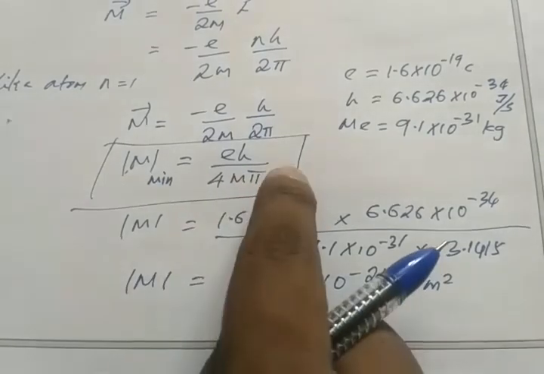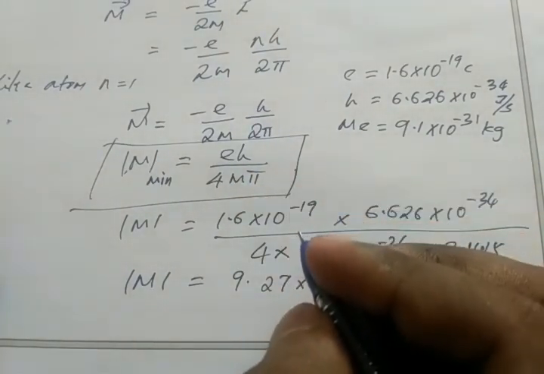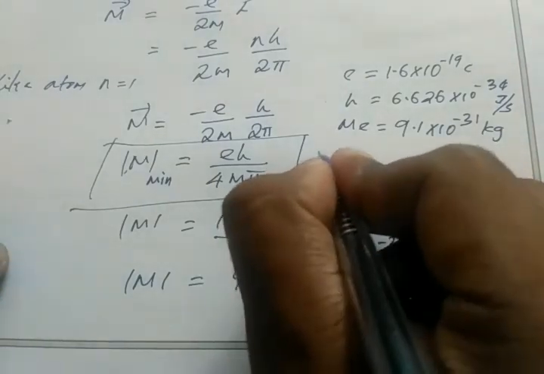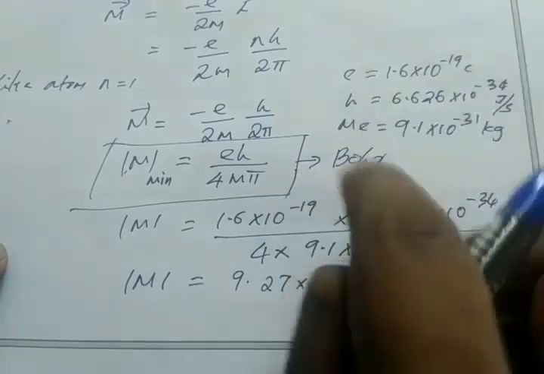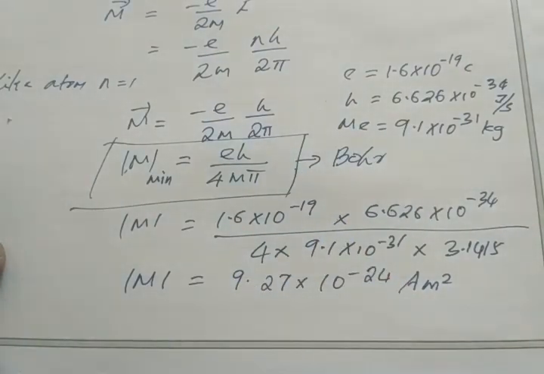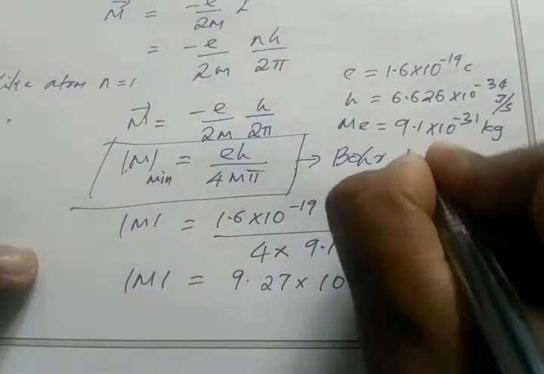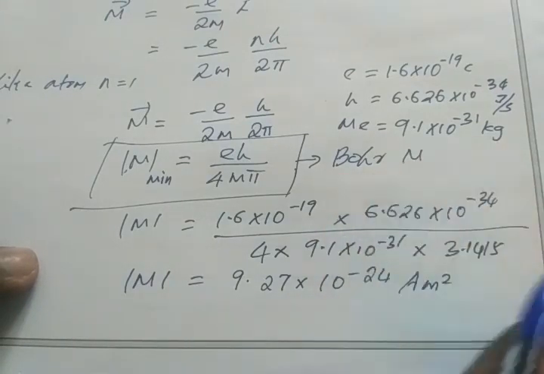This value is known as Bohr magneton. They will ask questions from this word only to confuse you. They will ask what is Bohr magneton or what is the value of Bohr magneton. Since you have MCQ, you have to be very careful with these kinds of terms.